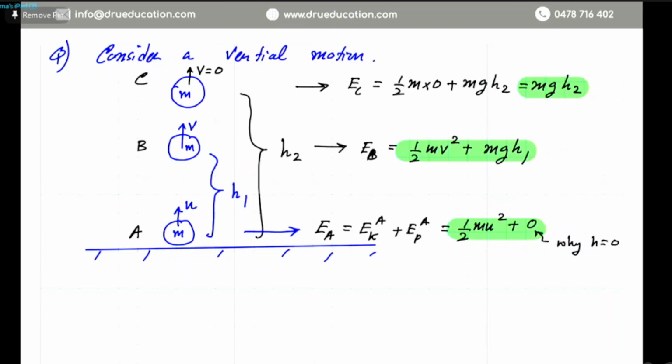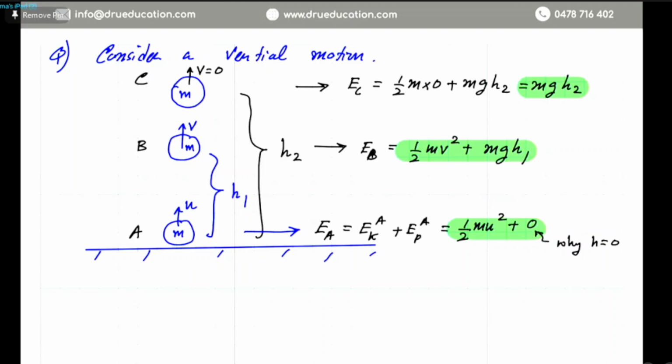Spring. It's a common question in the test, you have a spring doing this motion. Obviously velocity is changing, and when it is going up, down, up, down, the position is also changing. So kinetic energy is there, position dependent potential is there.